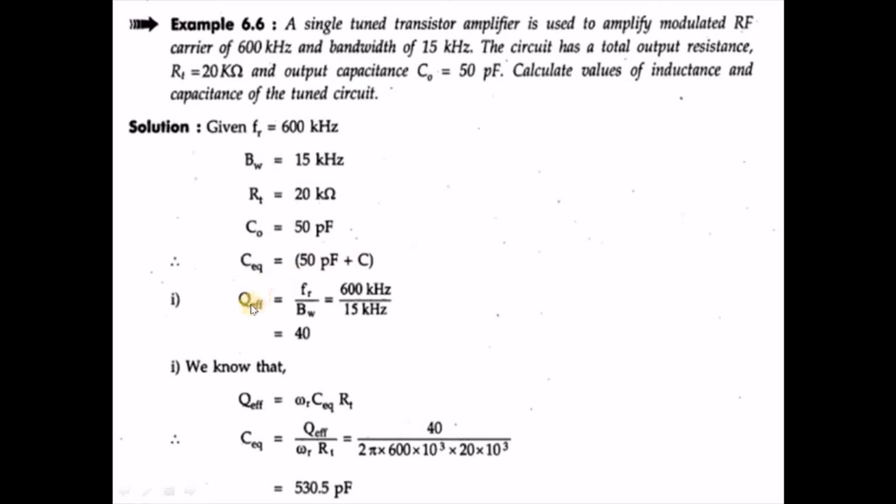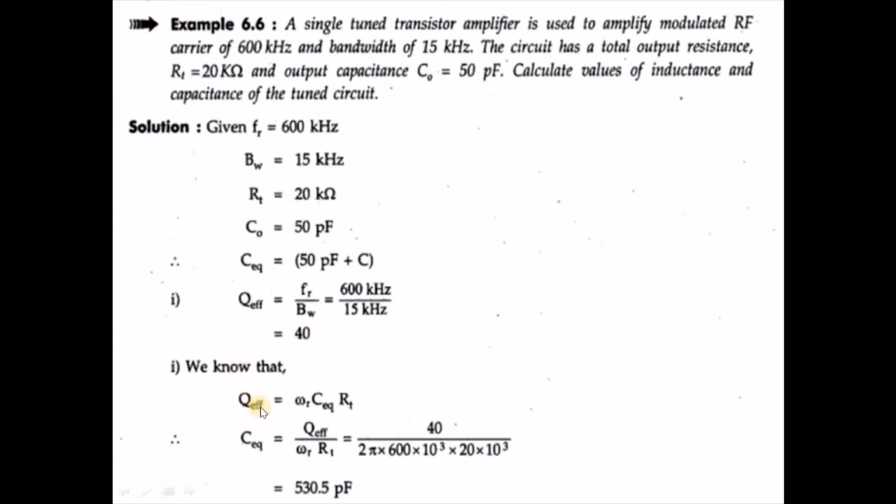Okay, and we know the Q effective formula: Q effective is equal to resonant frequency divided by the bandwidth, and the resonant frequency is 600 kilohertz and the bandwidth is 15 kilohertz. If you substitute that, we will get the quality factor Q effective as 40.